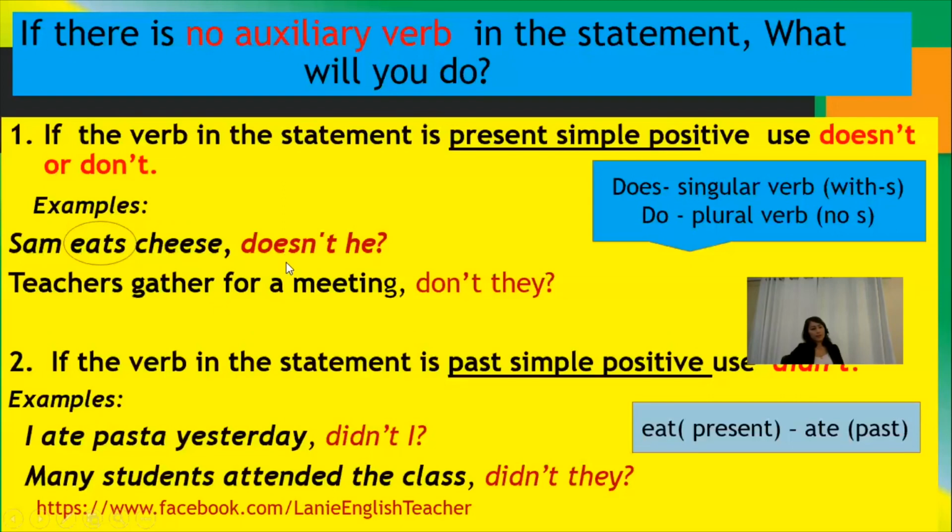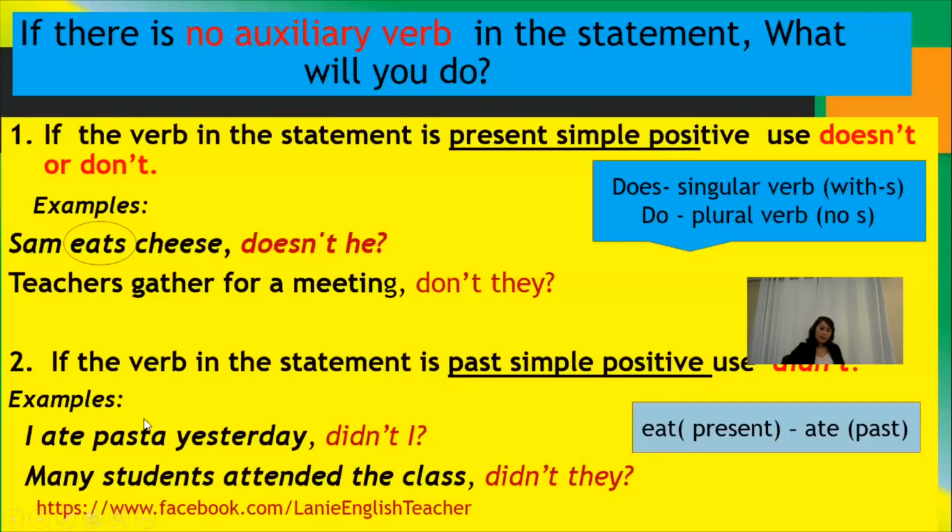So doesn't he? Now we use he here in place of the subject, which is Sam. Remember, consider the gender. Sam is a male, so therefore we use the pronoun he.